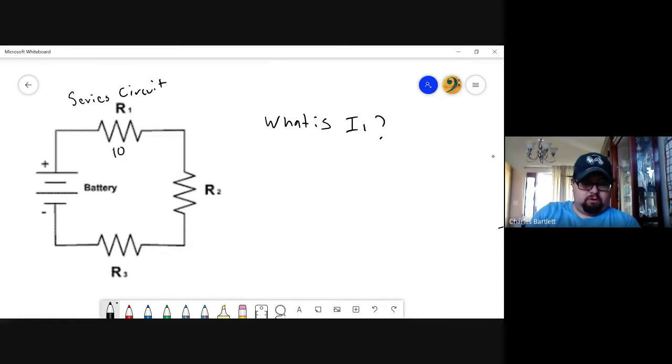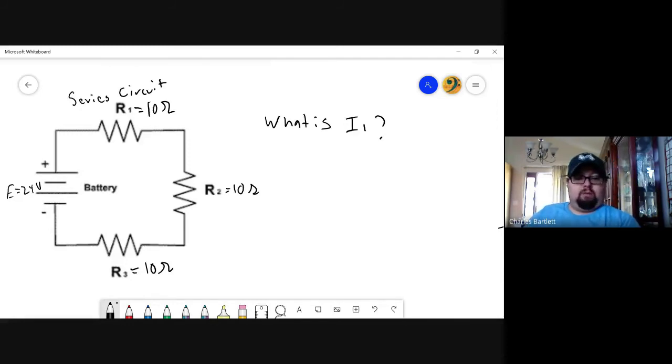So we'll just do R1 equals 10, R2 equals 10, R3 equals 10. I'll put that up here because it'll look cleaner. And it'll tell us a voltage. So right here, it'll be like E equals 24 volts, something like that.